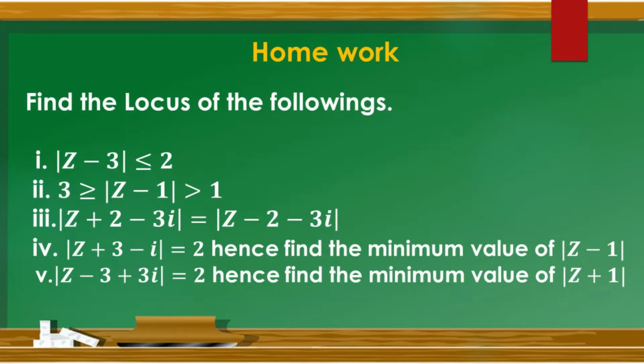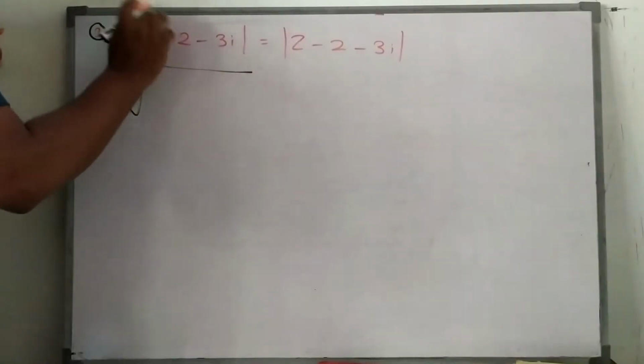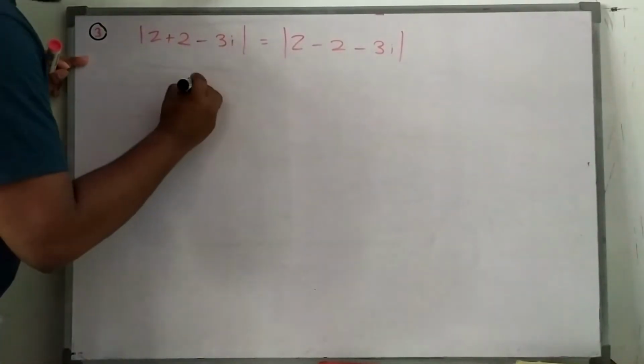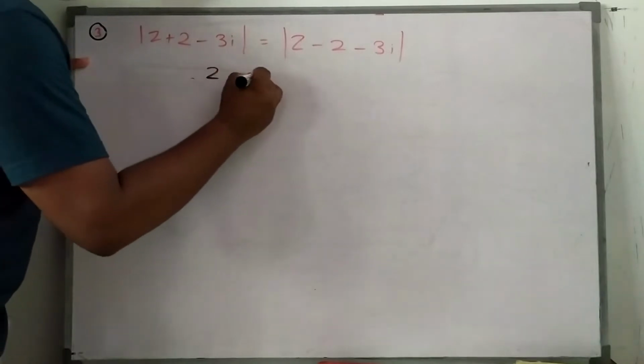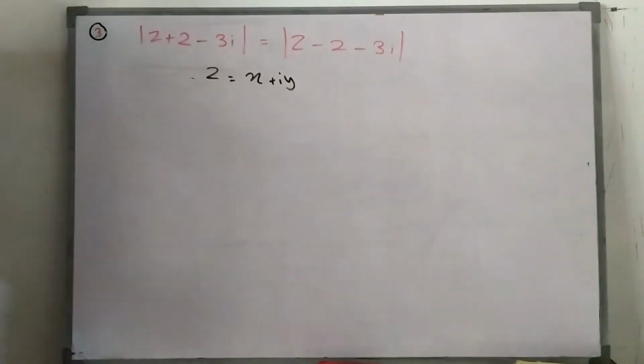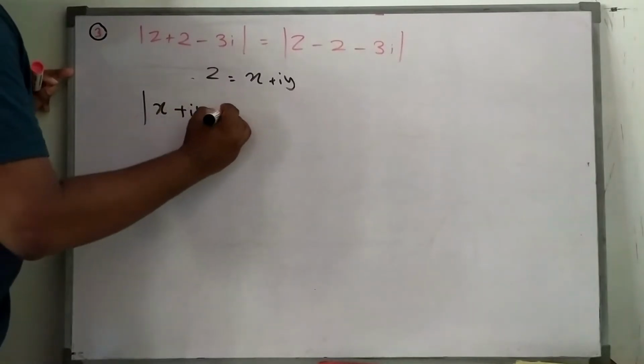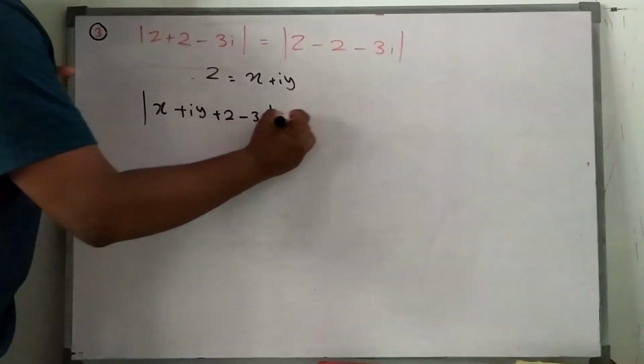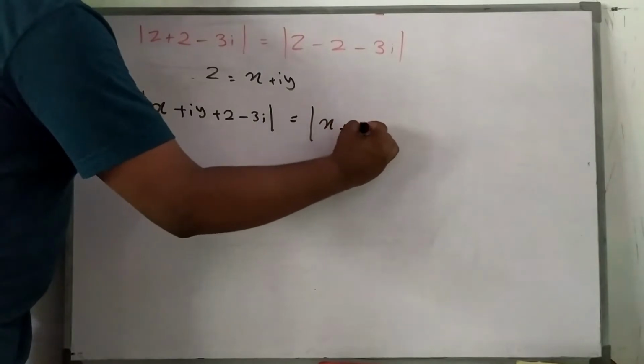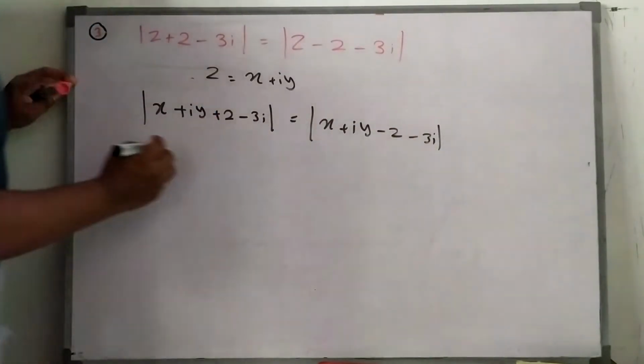So this is |z + 2 − 3i| = |z − 2 − 3i|, right? Now before that I'm just writing my variable complex number as x + iy. Then it's x + iy + 2 − 3i, and x + iy − 2 − 3i.